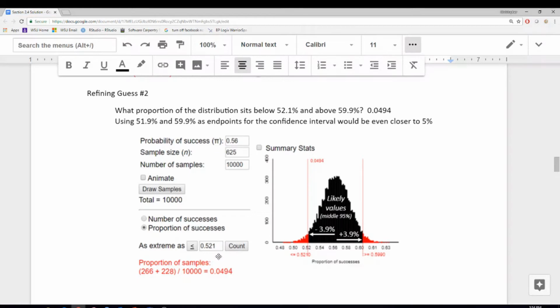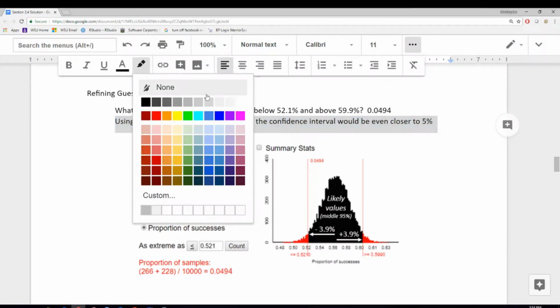When I put in 0.521, and its associated upper limit then would be 0.599, I get really close to that 5%. I get 4.9%, I guess, if I round that. So that's even closer to my 5% target. So using 52.1% and 59.9% as endpoints for my confidence interval would probably be my best bet here.